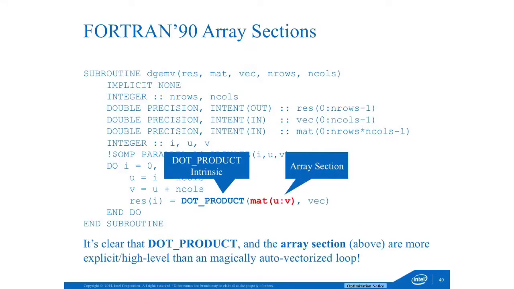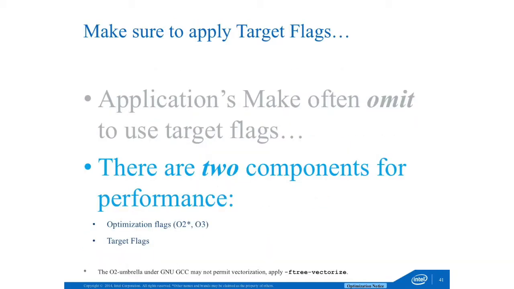Exactly. So you can see the array section is the same syntax, double colon here. Anyhow, just as a repeat from the previous thing, you want to have the two components of the performance. Just to summarize also from the intrinsic section, you want to have optimization flags plus target flag.